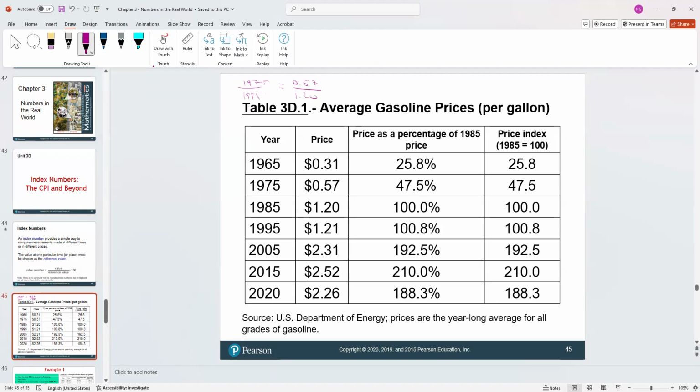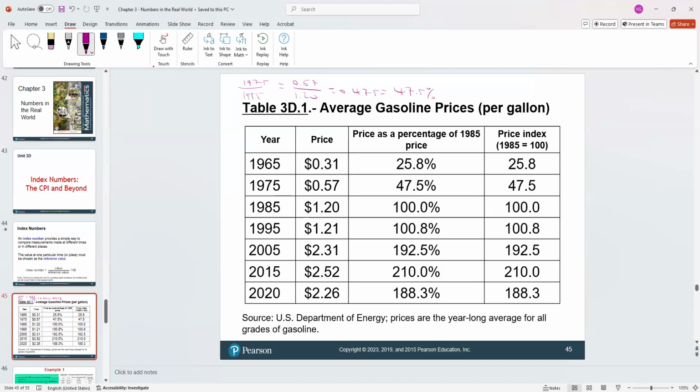If you do that, you'll find the answer would be 0.475, or 47.5%. So if you see this price like this, proceeding similarly for each of the other years, we can see this is 47.5%.